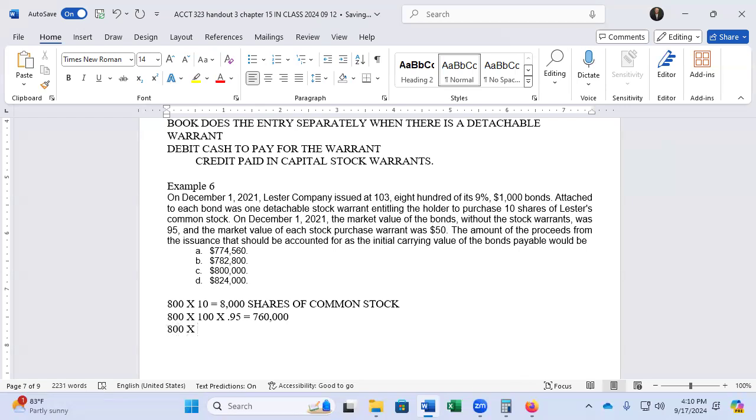And 800 times 50 for the warrants equals 40,000. And so that total is equal to 800,000.